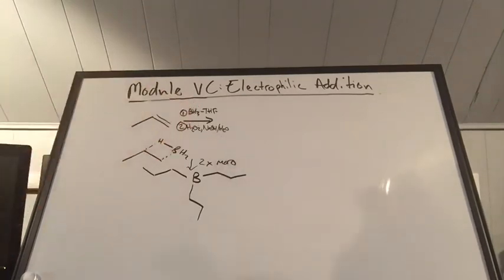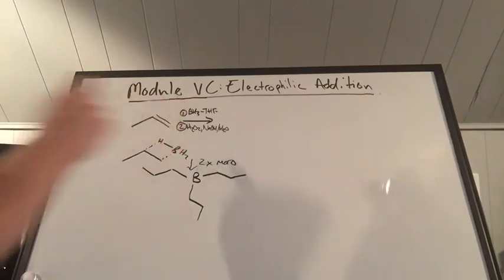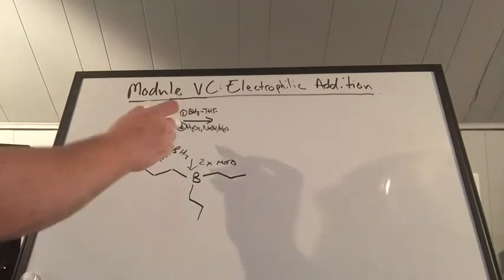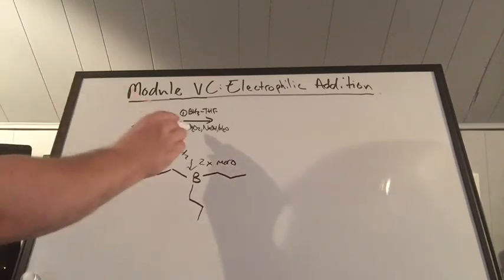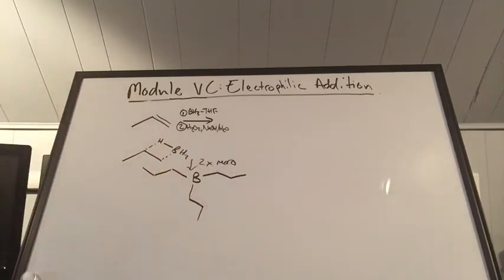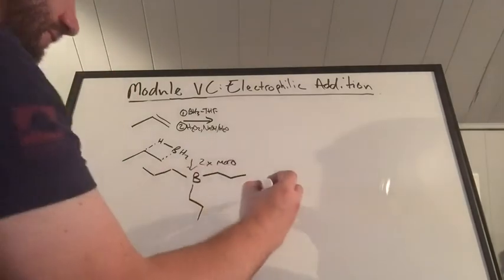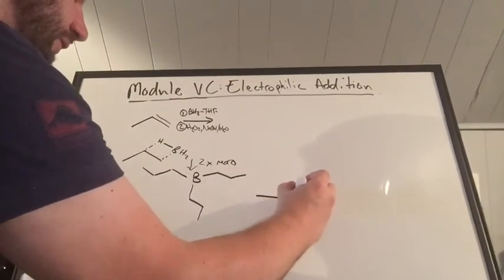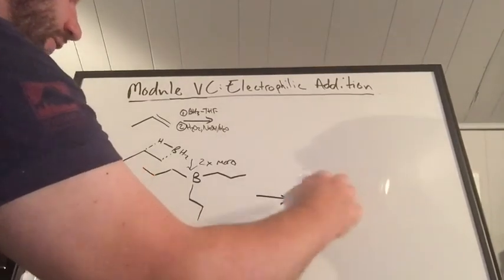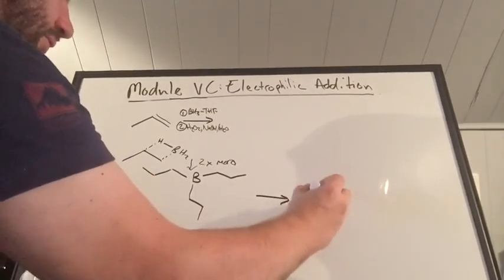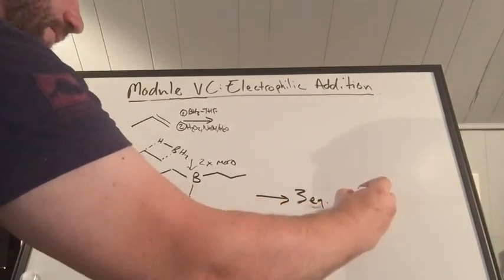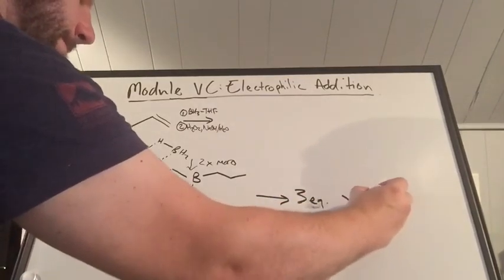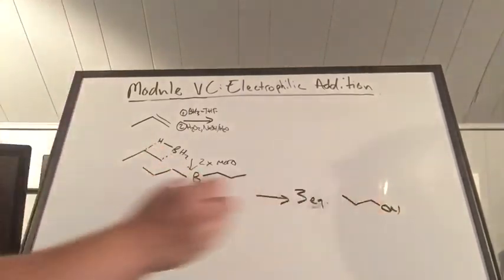Okay, and then this portion where you're reacting this trialkyl borane with an oxidative species like peroxide, you're going to in turn generate 3 equivalents of alcohol.